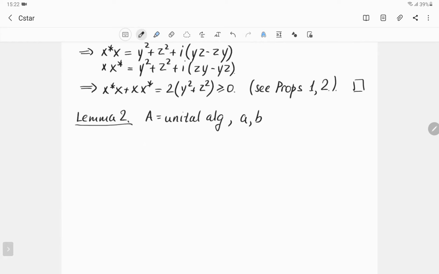And a and b are two elements of A. I claim that the spectrum of ab is almost the same as the spectrum of ba. Or more exactly, we have the following identity. So in other words, the only possible difference between these two spectra is 0.